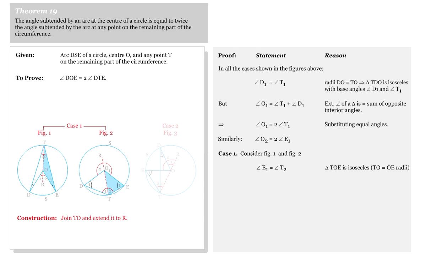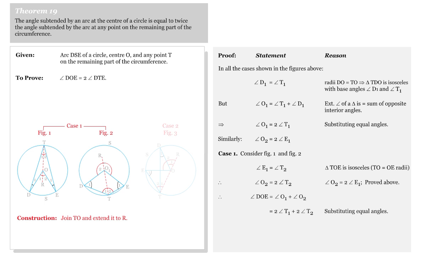Therefore, angle O2 equals twice T2, since we have already proved that O2 is equal to twice E1. Thus, angle DOE, which is equal to angle O1 plus angle O2, is equal to twice T1 plus twice T2.